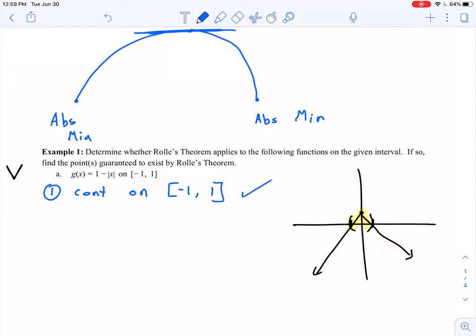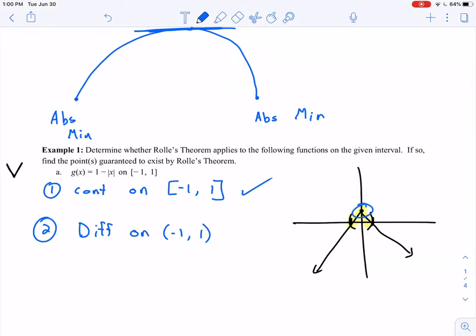So yeah, that's continuous. Two, is it differentiable on the open interval a to b, or -1 to +1, excuse me. So does the derivative exist everywhere between -1 and +1? You can already look right here. I see that sharp corner. Remember that the derivative does not exist at sharp corners, at cusps, at vertical tangents.